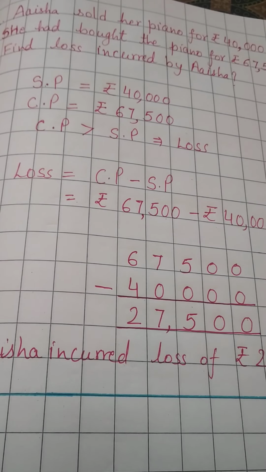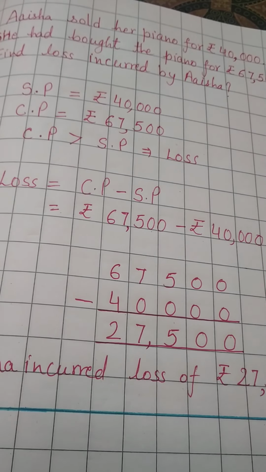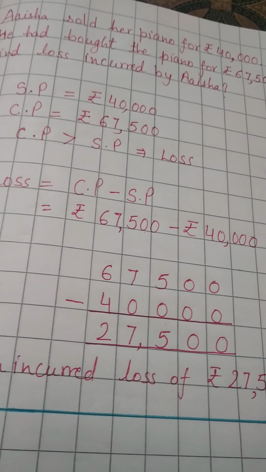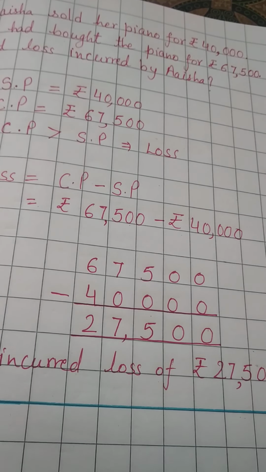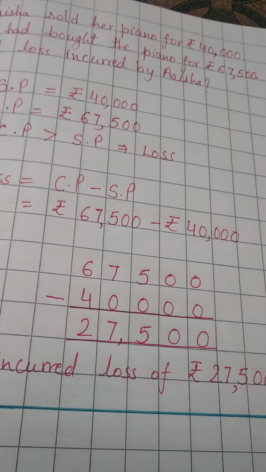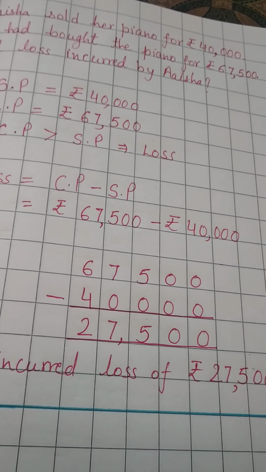So this is the selling price, right? And she had bought the piano for rupees 67,500. She has bought it, that means cost price for her is 67,500 and selling price is 40,000. That means loss is there, right?